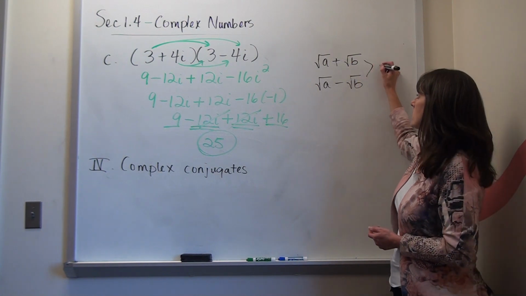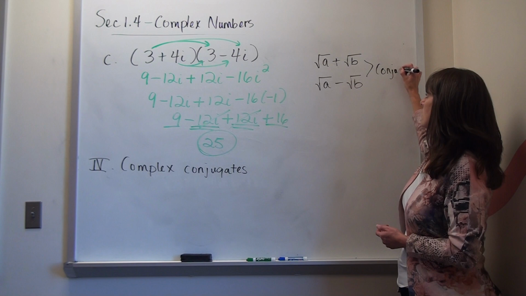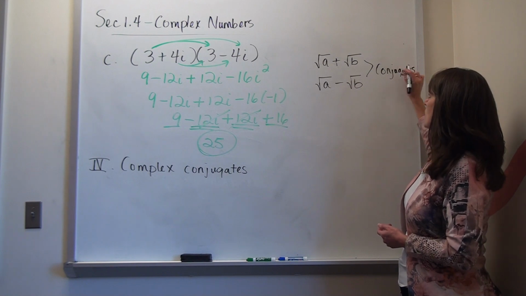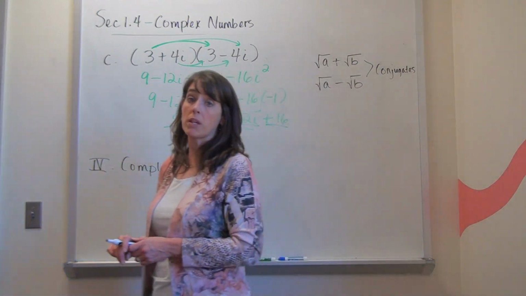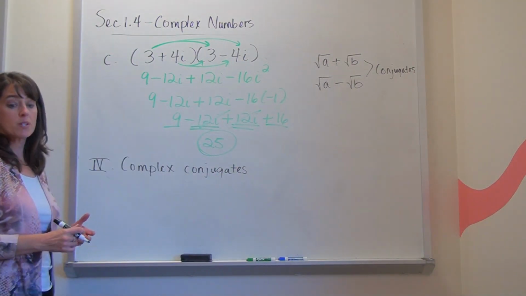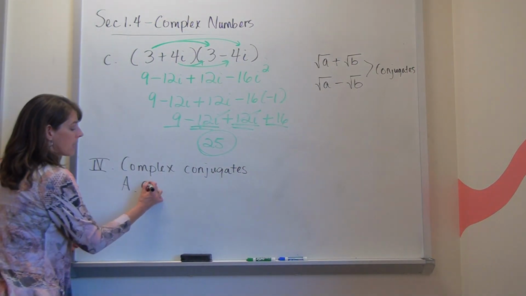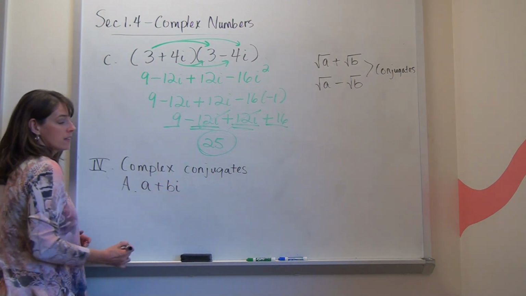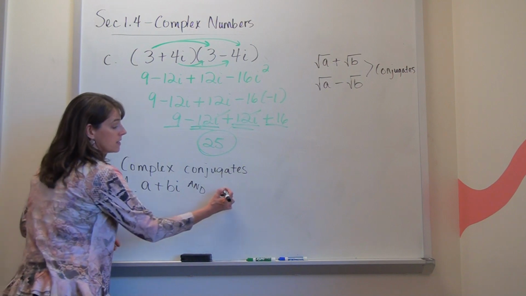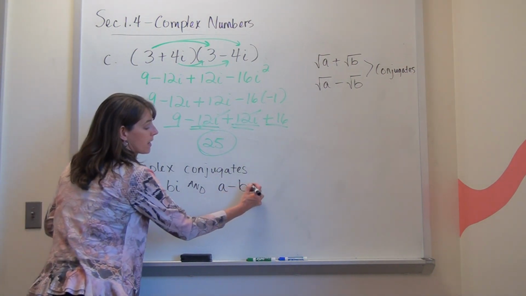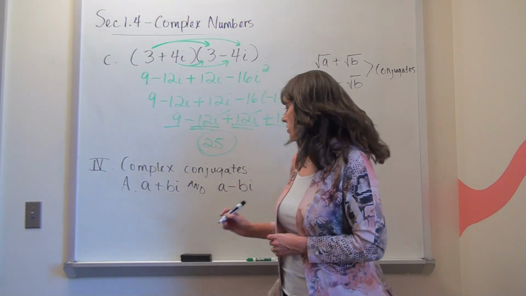Those two were conjugates of each other. But that was conjugates when we had radicals. You can still have conjugates with complex numbers, and it's the same principle. In other words, an a plus bi, and its conjugate would be, yes, a minus bi. Those two are going to be conjugates of each other.